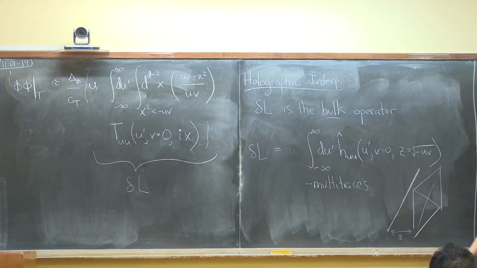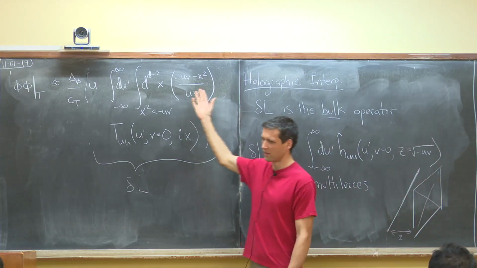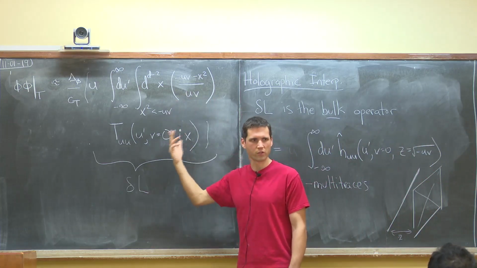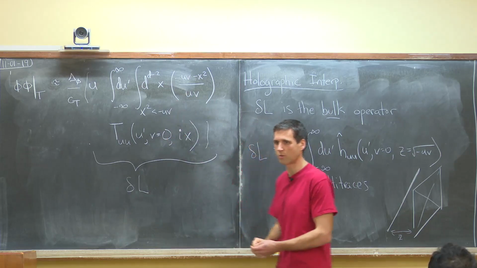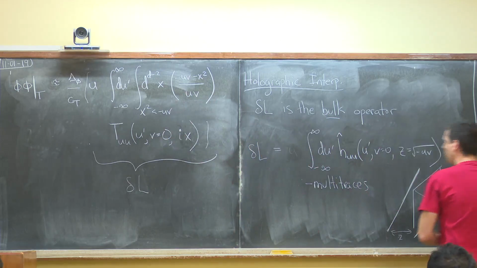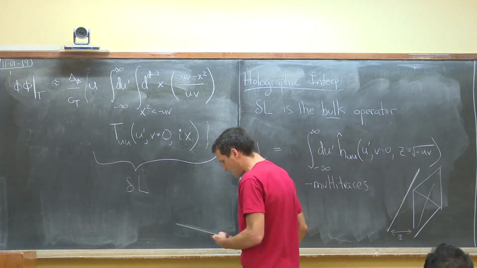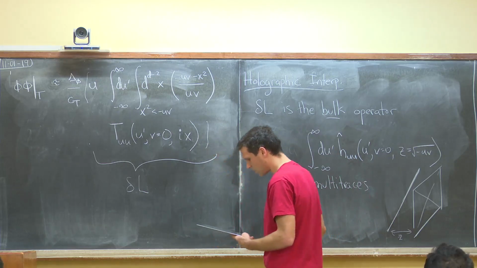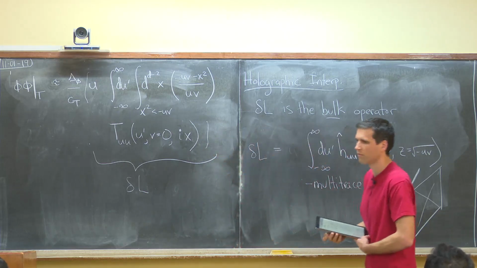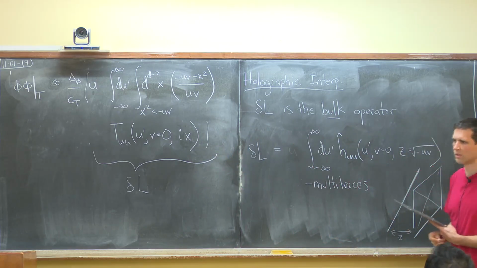There are also multi-trace contributions to the bulk operators, so if you really take the bulk metric operator, you don't just get this. You also get multi-trace contributions. Let me ignore those for now, and I'll come back to those later. This will come from the free HKLL map. Even the free one would have TT double traces in it.